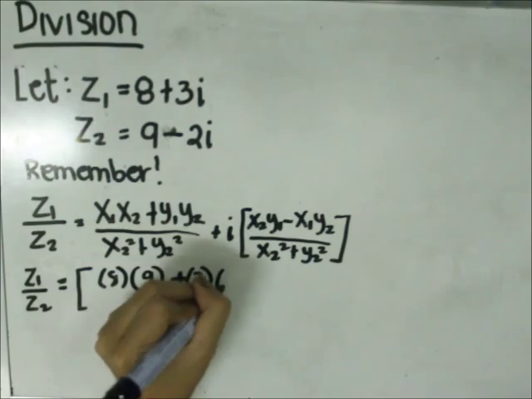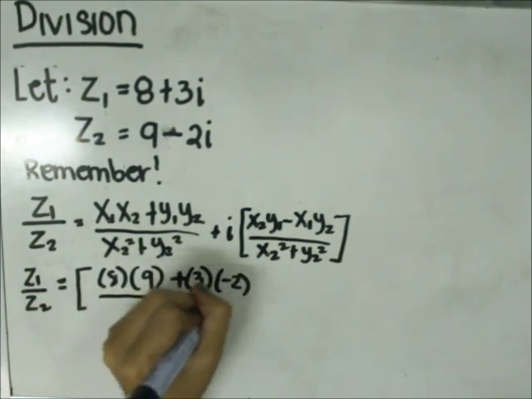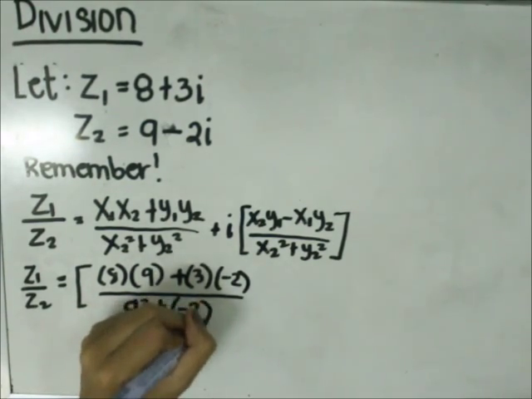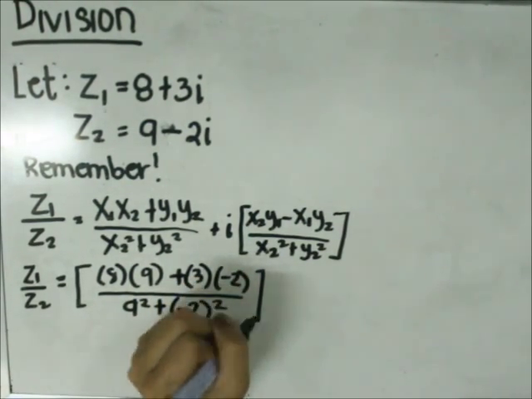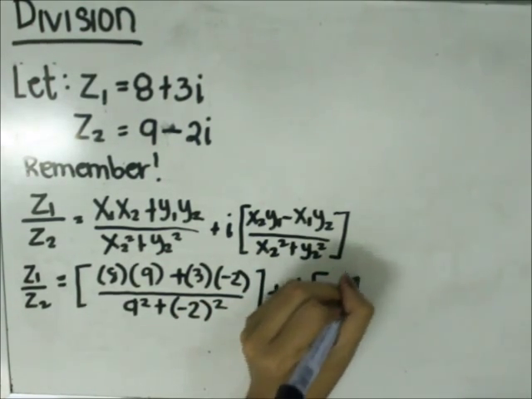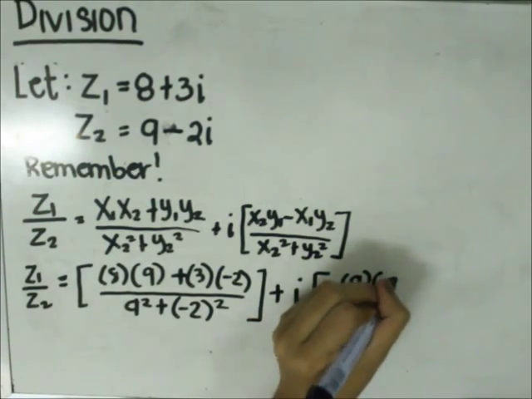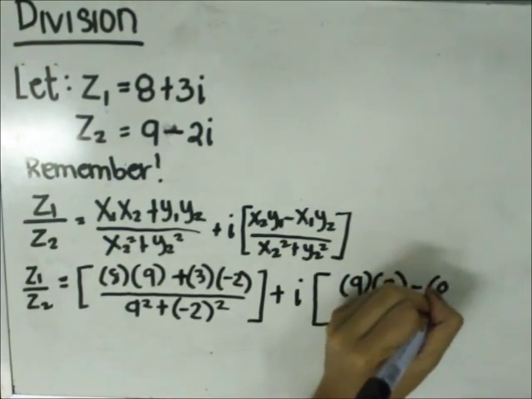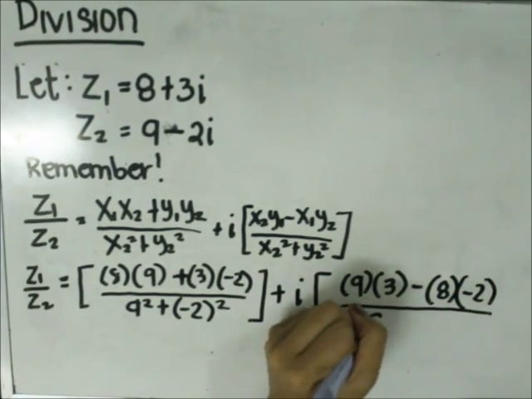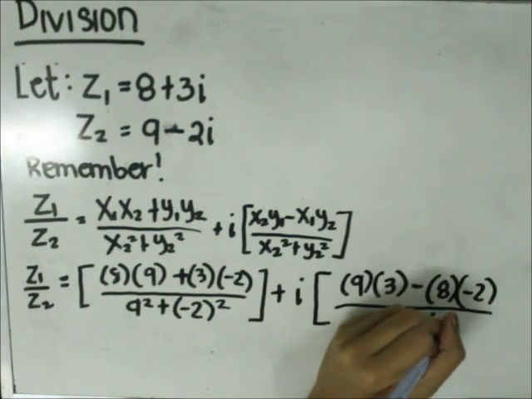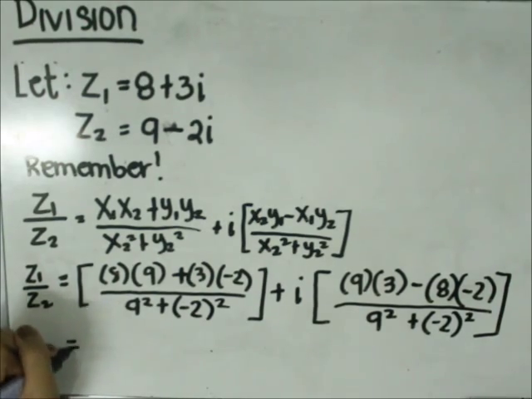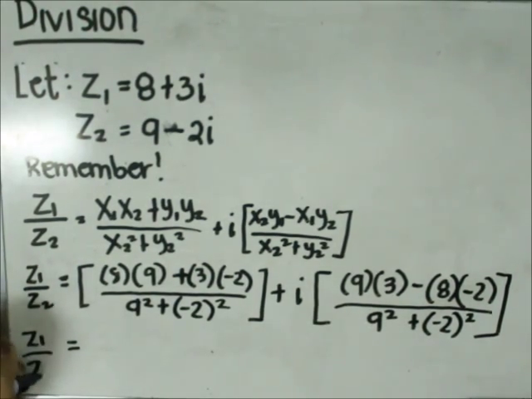Applying the formula above, 8 multiplied by 9 plus 3 multiplied by negative 2, over 9 squared plus (negative 2) squared, plus i multiplied by 9 times 3 minus 8 times negative 2, over 9 squared plus (negative 2) squared.